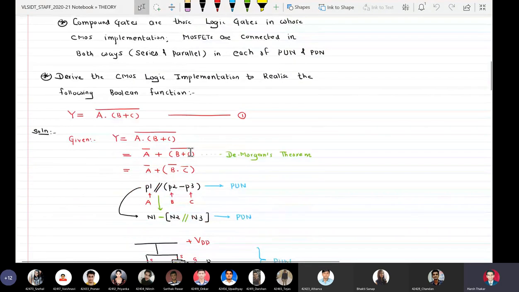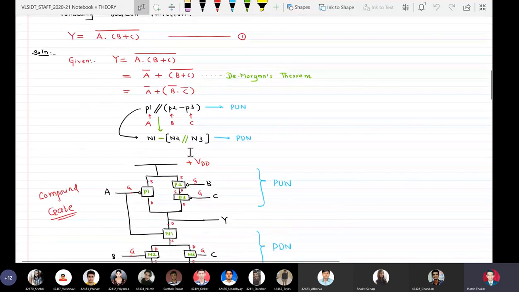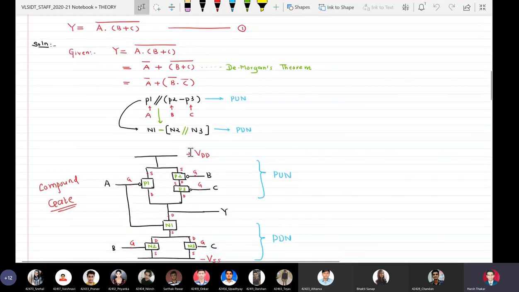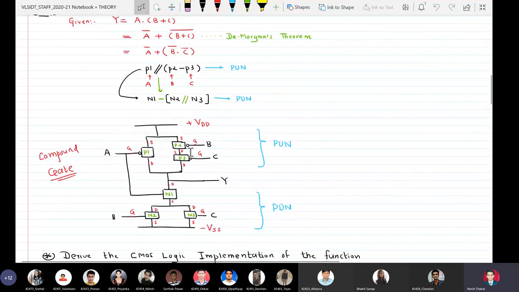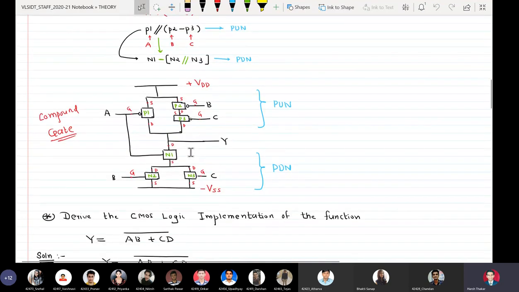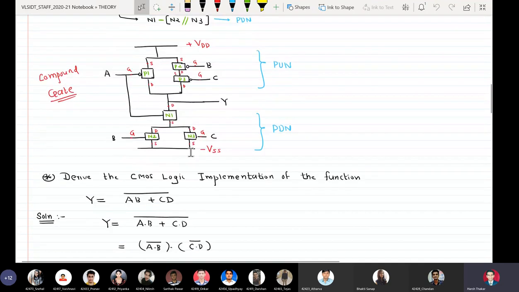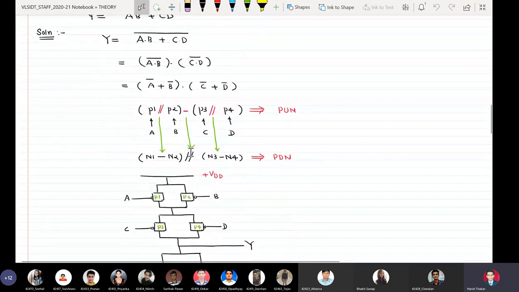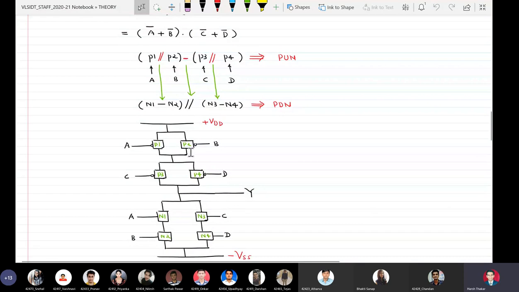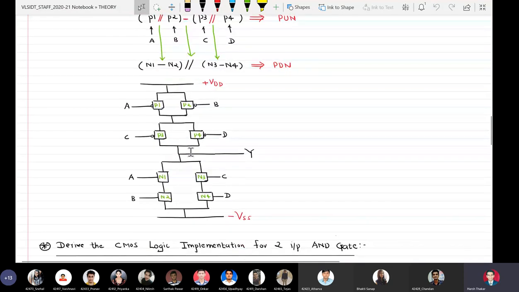And then we took two design problems such that in the transistor level schematic, we had both series and parallel connection between PMOSes in the pull-up network, and similarly parallel and series connection between NMOSes in the pull-down network. In the second example also, we had a similar kind of design wherein we had both parallel and series.